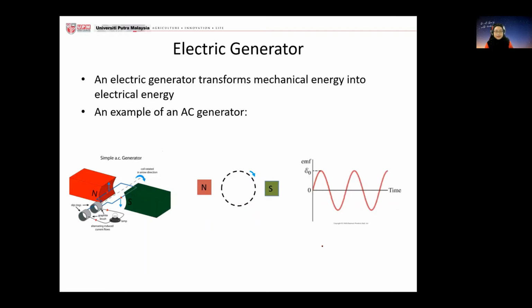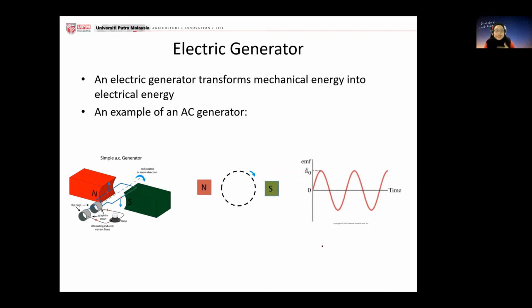All right. So in an electric generator, what is actually happening? You have to remember what was happening just now with the right hand rule, how the magnetic field actually induces electricity. The same thing happens in an electric generator.